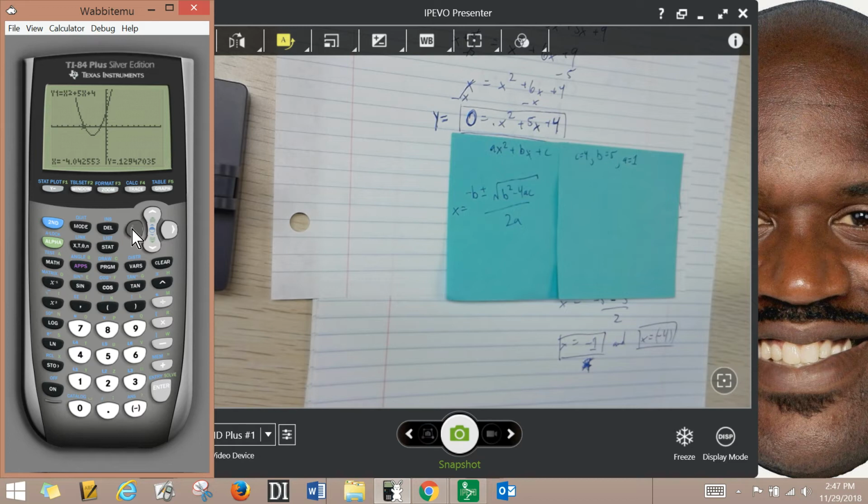If you want to find the exact values, there's an option on your calculator to do this by pressing second graph. I'm sorry, it's not second graph. It's second calc, second trace right here. And then you get to this nice little menu here. Go to 0. And then left boundary.